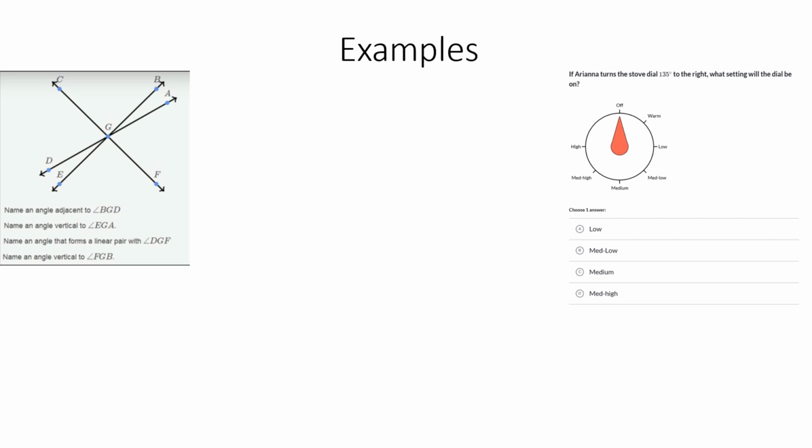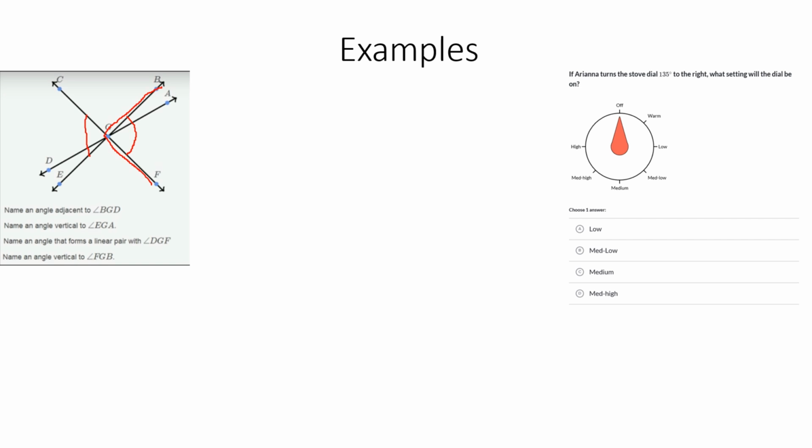Now the last question in this little example is to name an angle vertical to FGB. Another easy one. Vertical angles are super easy. FGB is this angle right here. So we're just going to take the opposite and do that.